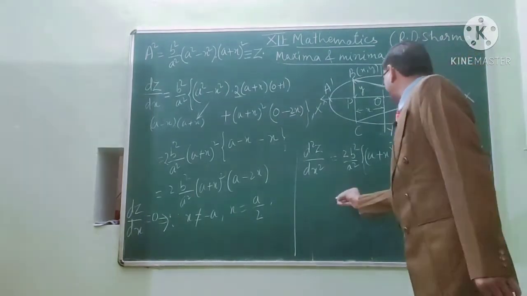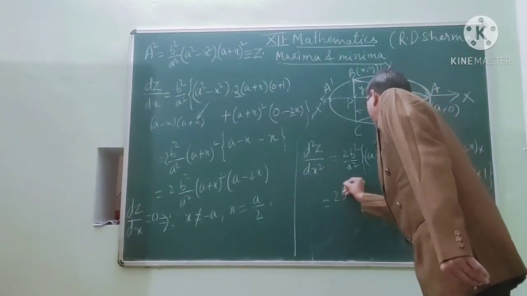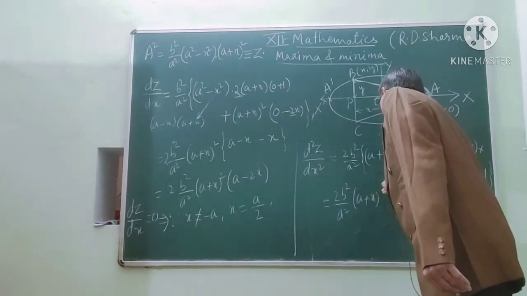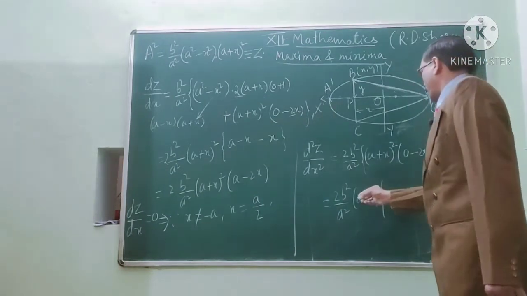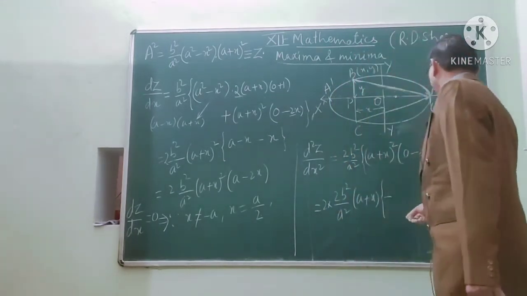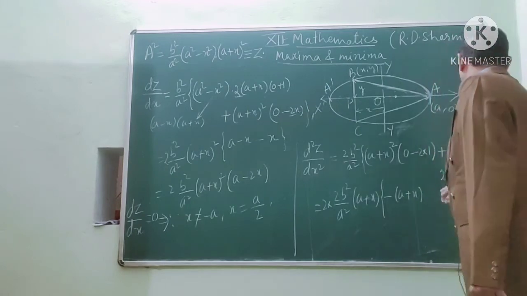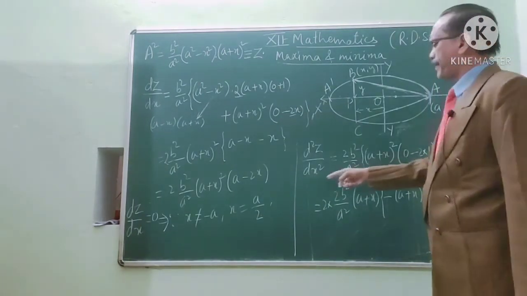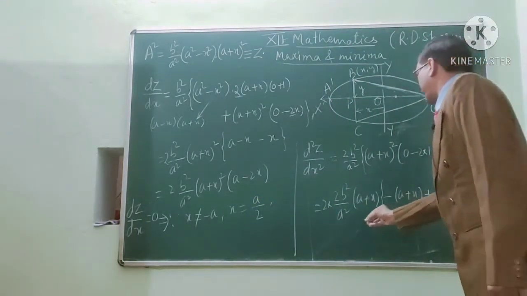Now again, a plus x is common, 2b square upon a square, and minus 2 is also common. Then it is minus a plus x, plus this part is 0 since a minus x is 0, so the result will be negative.